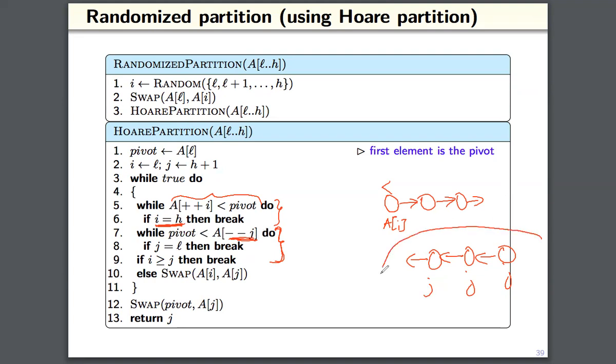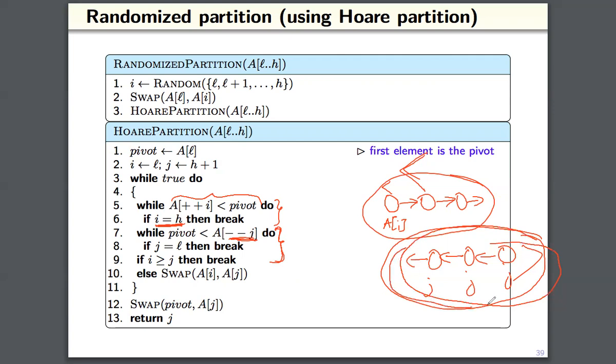So that means all these are greater elements, right? All these are smaller elements. If they are smaller elements, keep incrementing I. On the right-hand side, if all the elements you see are greater than pivot, that means you can keep decrementing J. There is no problem. You can keep scanning. That's the meaning, right?